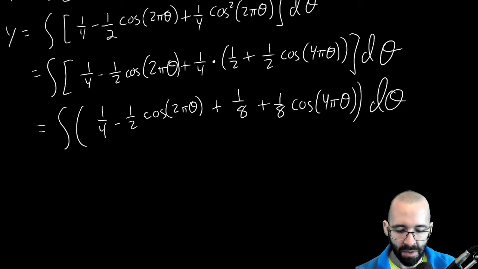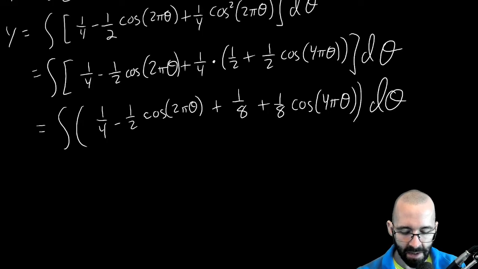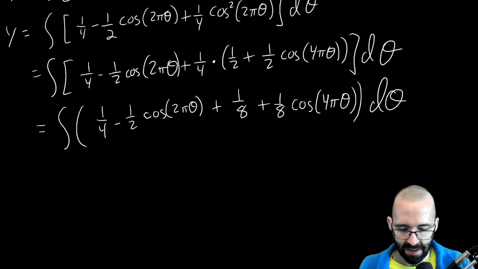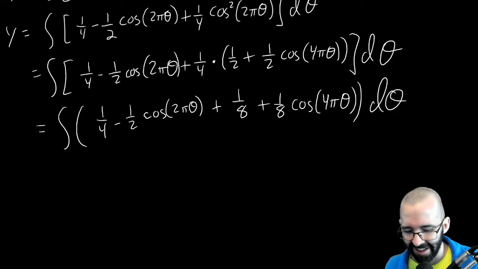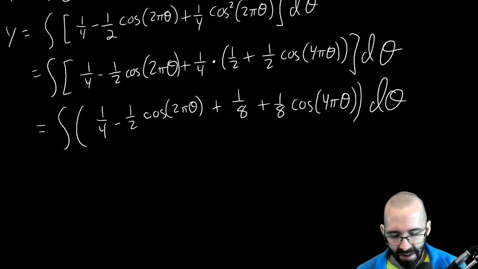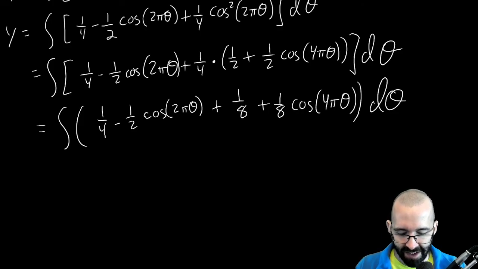And then 1/4 plus 1/8 this time. It was minus 1/8 last time we did this. I don't know why. Did I make a mistake earlier? I don't know. Anyway, here it's plus 1/8.